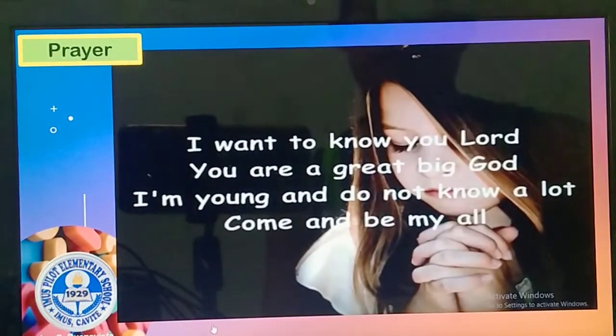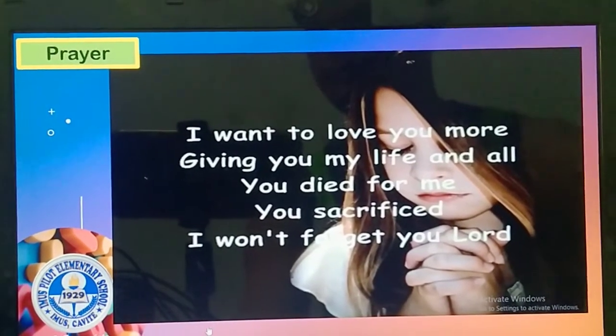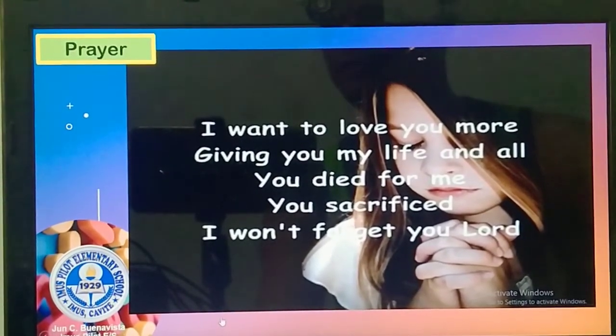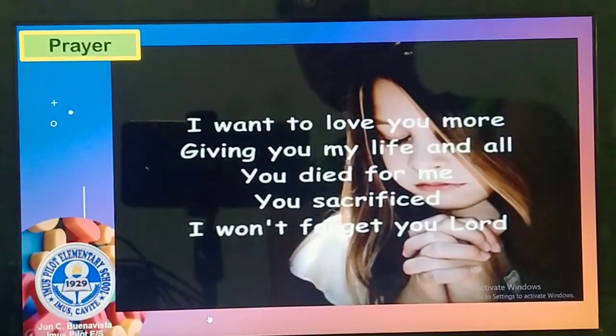I want to know you, Lord. You are a great big God. I'm young and do not know a lot. Come and be my own. I want to love you more, giving you my life and all. You died for me, you sacrificed. I won't forget you, Lord.